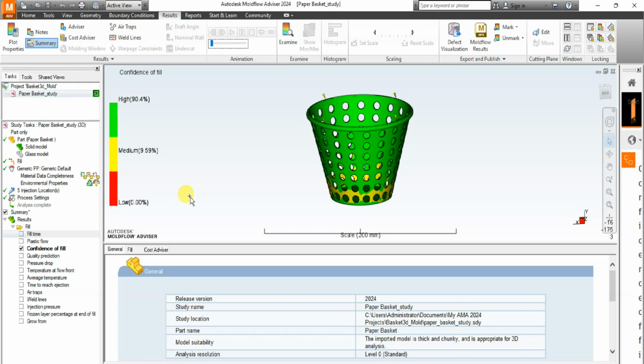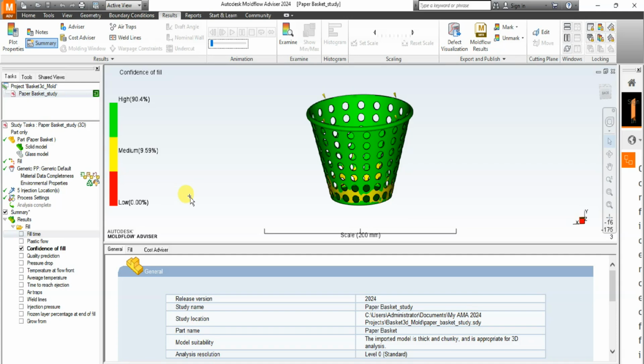Now let's look at some things to look out for here. It says if the cavity does not fill and results in a short, changes must be made to the design, injection location, choice of plastic or processing conditions.